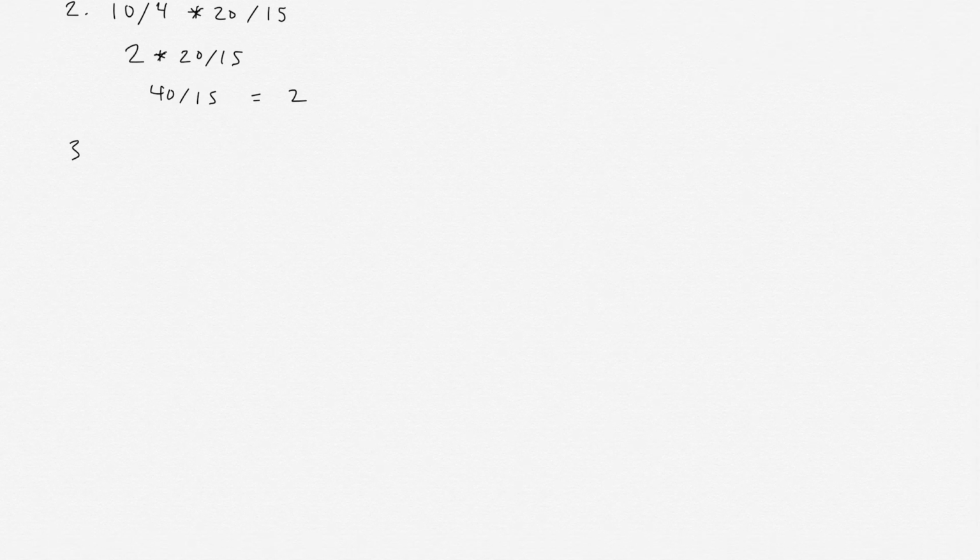Number 3, we have 0.5 plus 5 divided by 2 times 2.5. So in this case, we see that we're mixing our doubles with our integers.